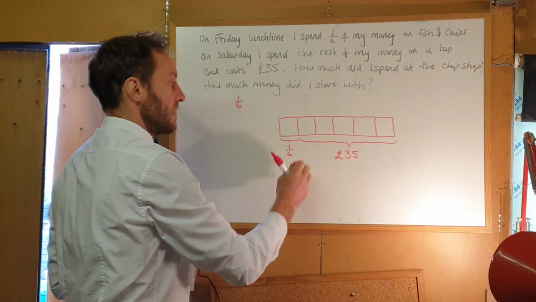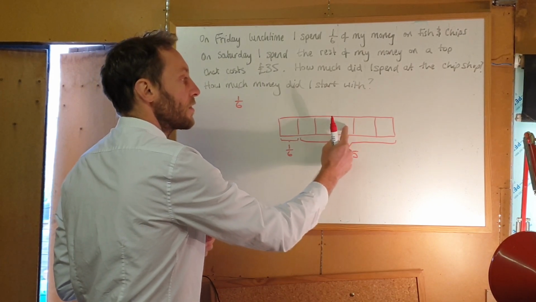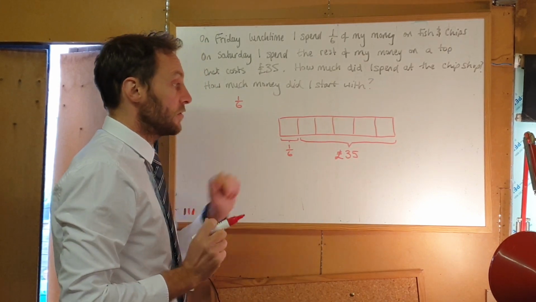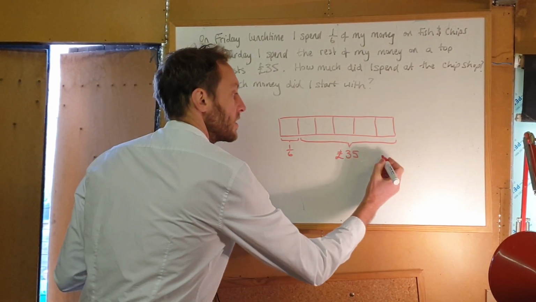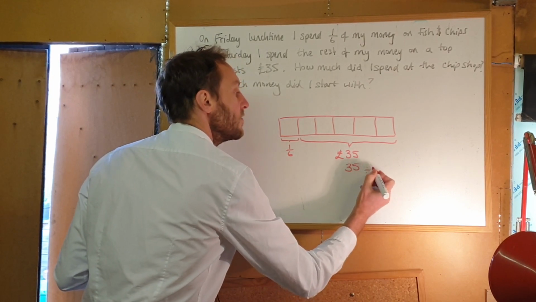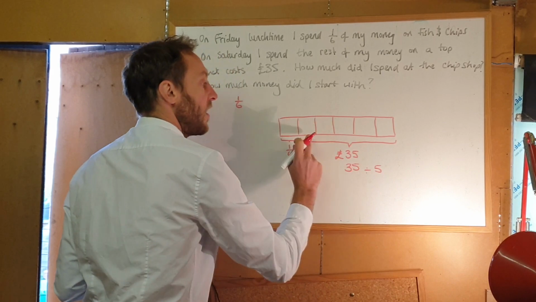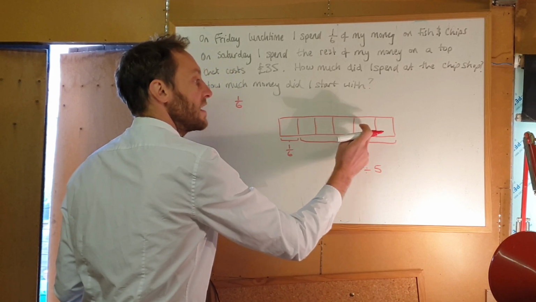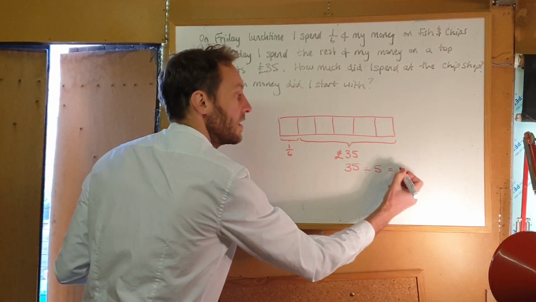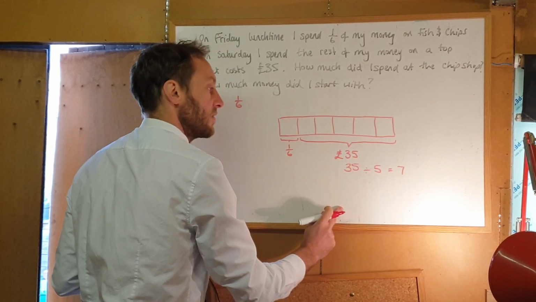So I can look at this and I can see that 1, 2, 3, 4, 5 parts total 35. So I can do 35 divided by these 5 parts. 1, 2, 3, 4, 5. And using my times table knowledge, I know that that is 7.